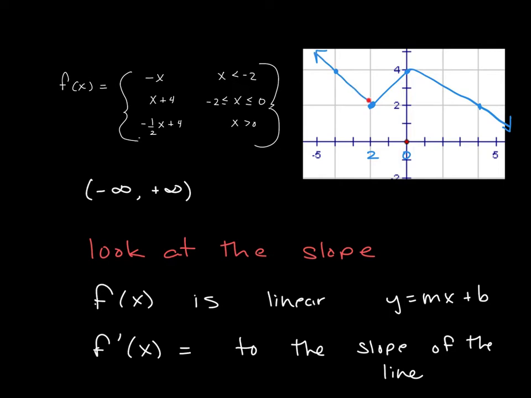So to draw this slope, it would look like this. At -1, the slope of this first part of the line is equal to -1. So from here going on forever, the slope of the tangent line is always going to equal -1.